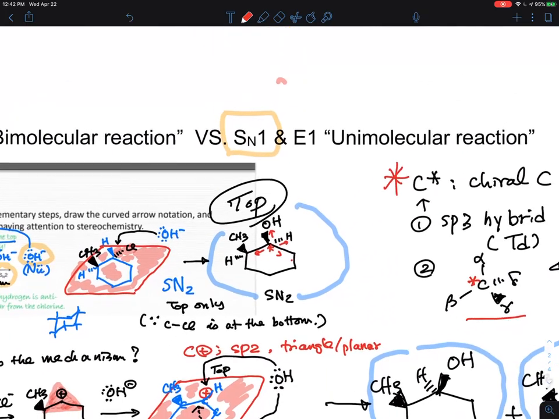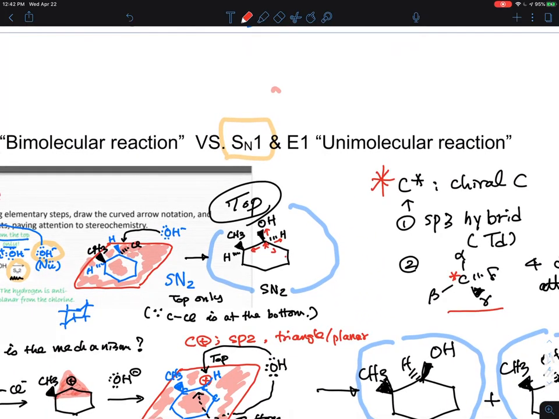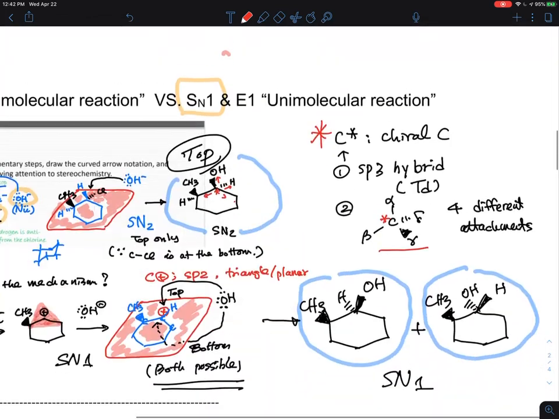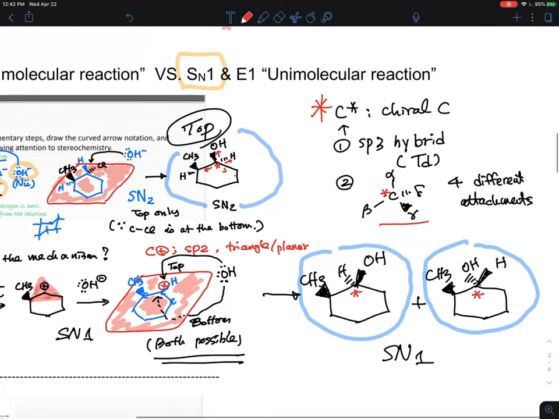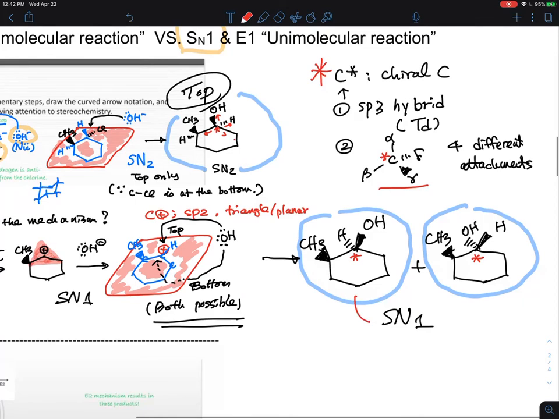This is one chiral carbon, whereas if you look here, nothing changes. These are both chiral carbon centers, but essentially you're having a pair of optical isomers.